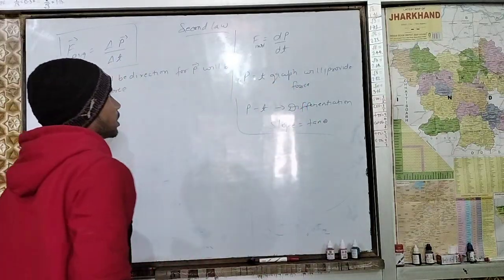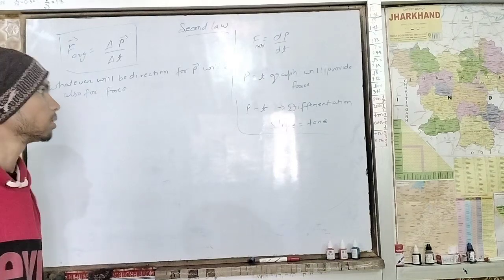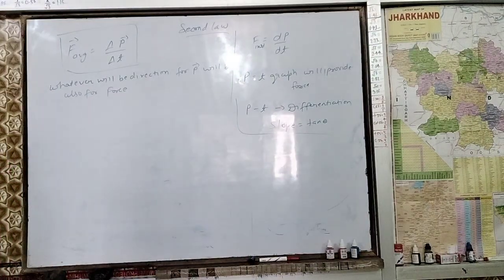For dp upon dt, the slope will be tan theta. If the angle is given, then we will use the tan theta formula instead of dp upon dt. Slope of the momentum-time graph is equal to the force on the particle at that instant.